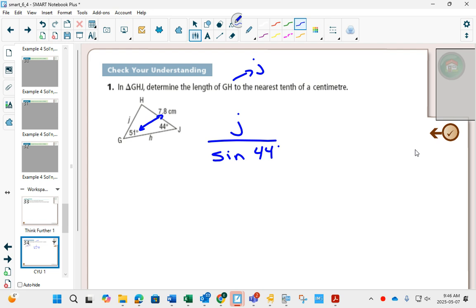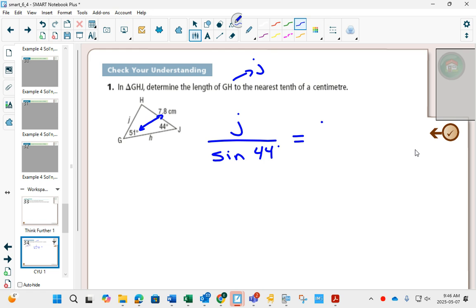If you try to use the formula and think, oh, what's A, what's B, what's C, you're going to get yourself confused. If you want to make it simple, you just have to remember that sides always go with opposite angles. So if I want to find side J, well, what's the opposite of that? That'd be sine 44 on the bottom. And then in order to solve something, I need an equation, and this is why it's so important that you had somewhere else a side and its opposite angle.